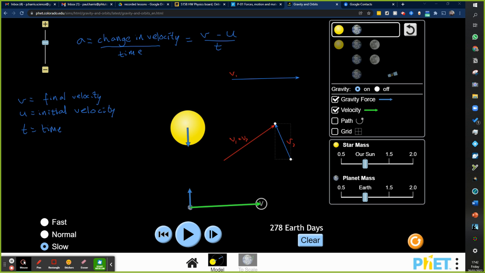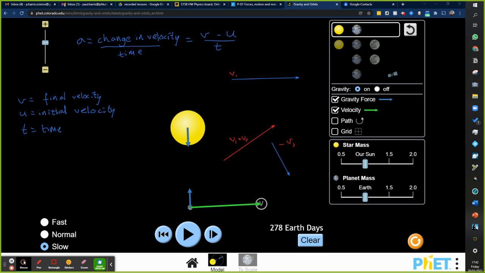Now, when I take away velocity 2, that's the same as adding negative v2. So I want to flip this around. Let's just say it was roughly there. It's not going to be accurate, but that is actually now negative v2. Okay, so negative v2. Let's label that.